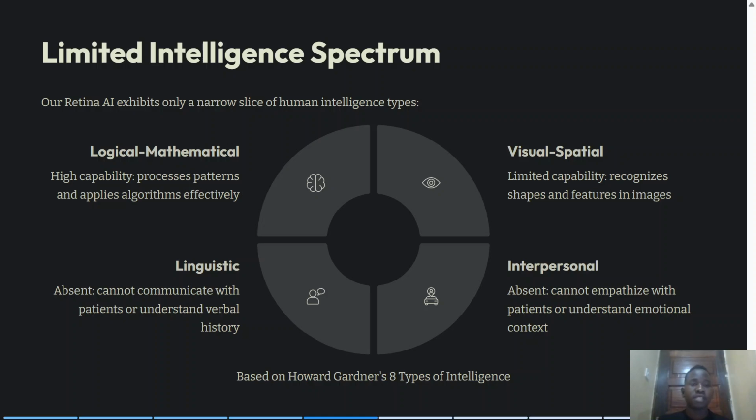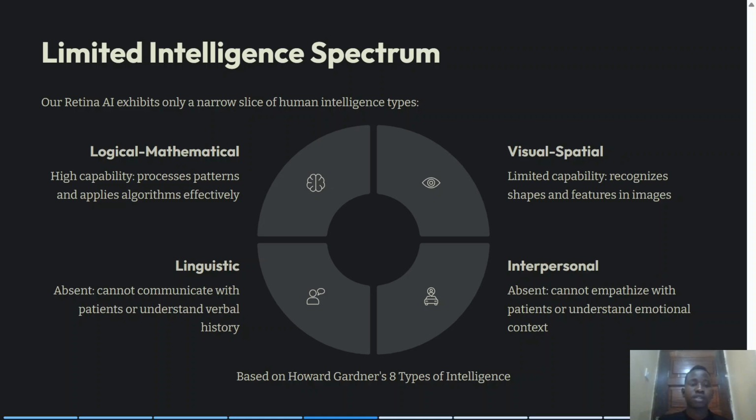This is the limited intelligence spectrum of our Retina AI, which has a narrow slice of human intelligence types. We have the logical-mathematical, which processes patterns and applies algorithms effectively. We have the visual-spatial, which recognizes shapes and features in images. We have the linguistic, which cannot communicate with patients or understand verbal history.